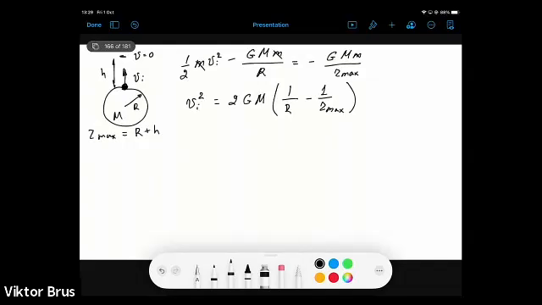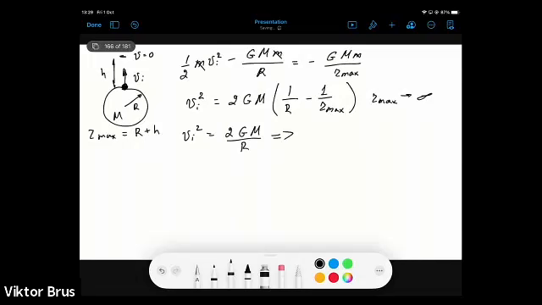Now we assume also the condition that it will escape the gravitational field of the planet if R maximum approaches infinity. So 1 over R maximum will be equal to 0. And from here we get V initial squared is equal to 2G times mass of the planet divided by radius of the planet.